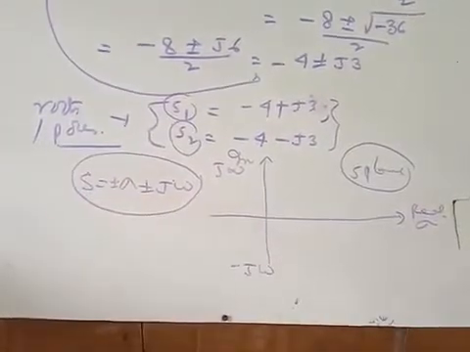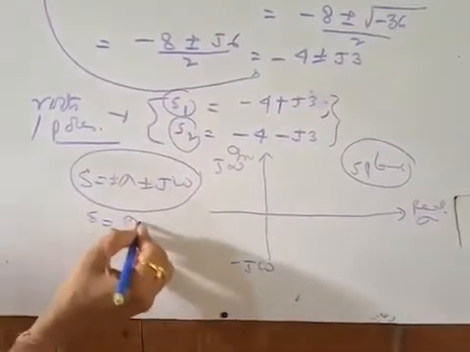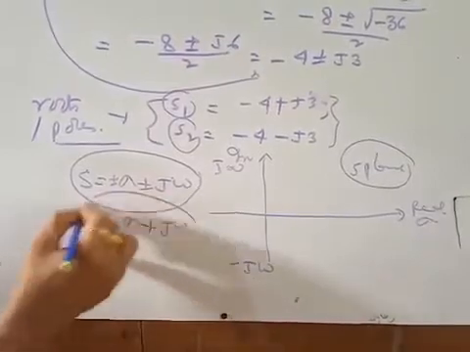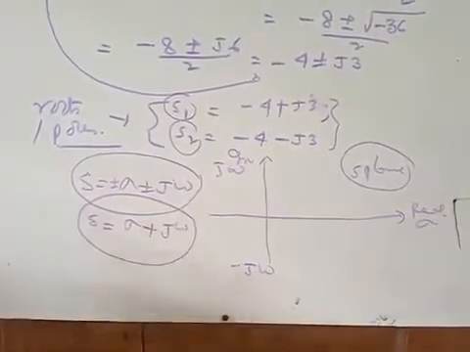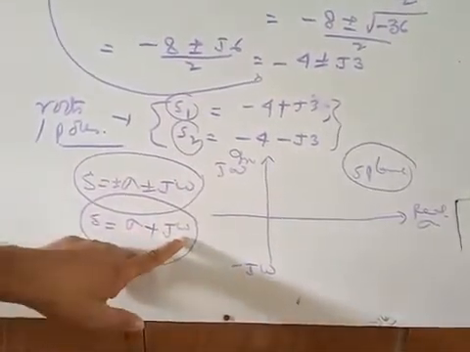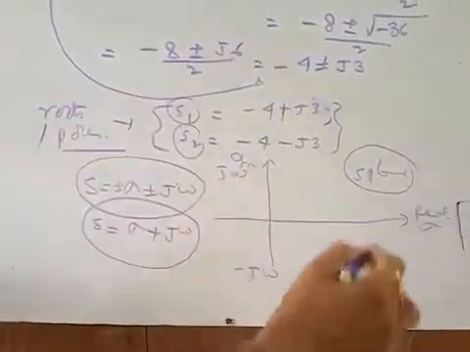For simplicity, what will you get? s is equal to sigma plus j omega. That equation is considered, and the real value and imaginary value will give you the total s plane equation.